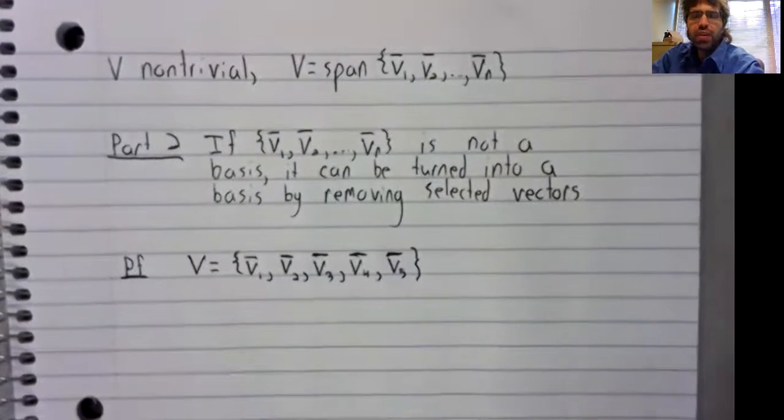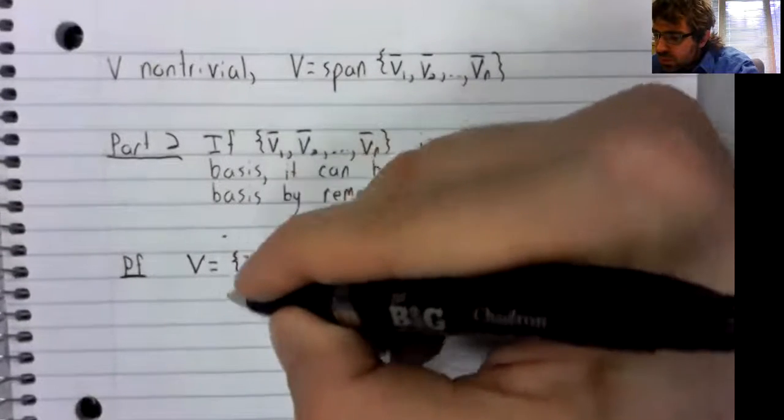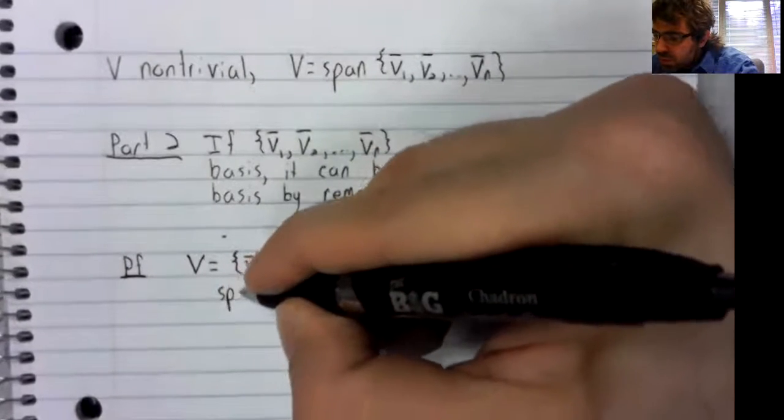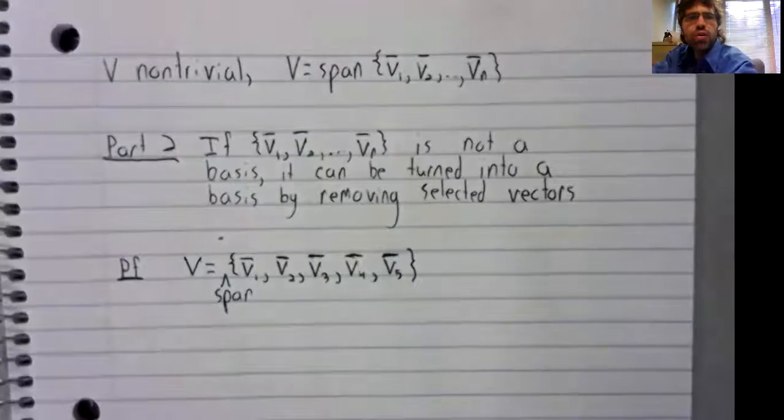Suppose we have this set of vectors spanning V. Then either they're a basis or they're not a basis. Why would they not be a basis?